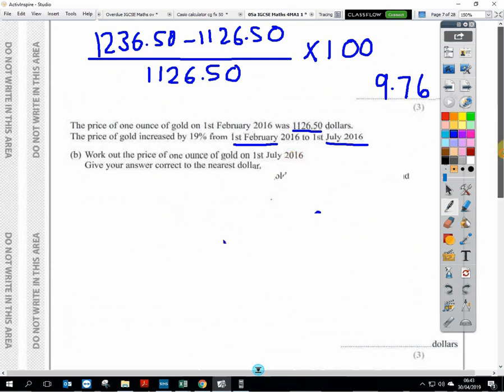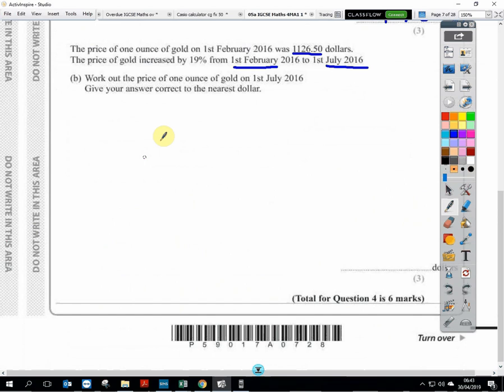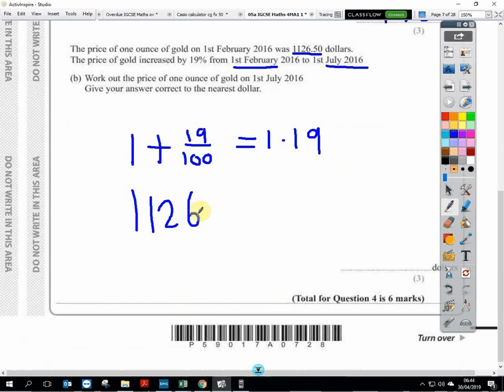And if you want to increase it by 19%, there is a wonderful multiplier method that you can use. To increase a number by 19%, we use the multiplier 1 plus 19 over 100. You type that into the calculator, that's 1.19. Multiplying a number by 1.19 increases it by 19%.